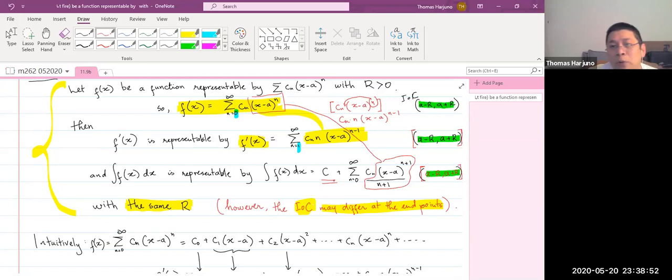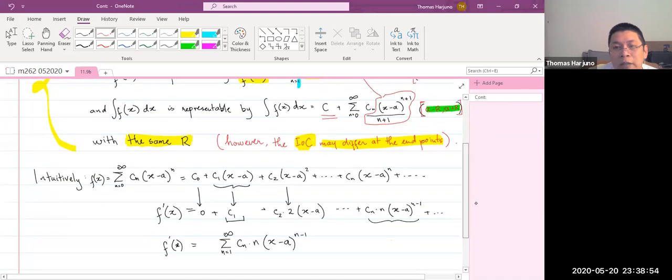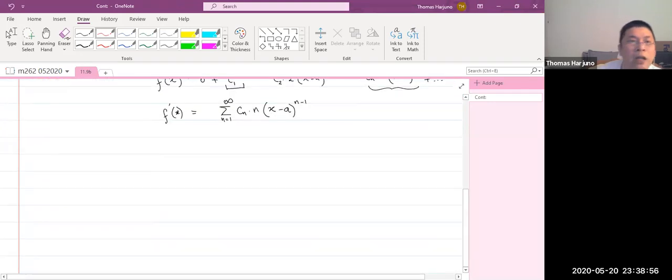Now our textbook actually gives us some nice examples, and they are so nice that I want to go over them. The first example is the power series representation for 1 over (1 minus x) squared.